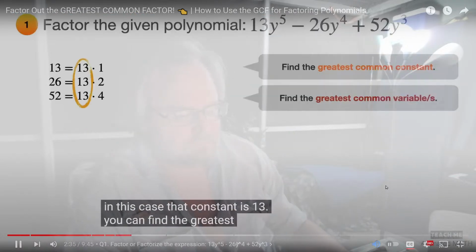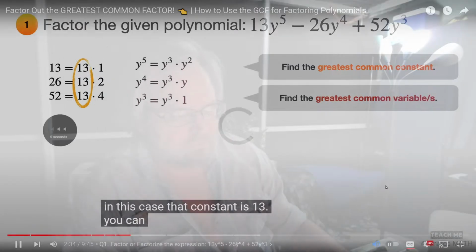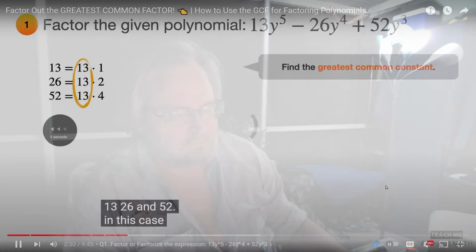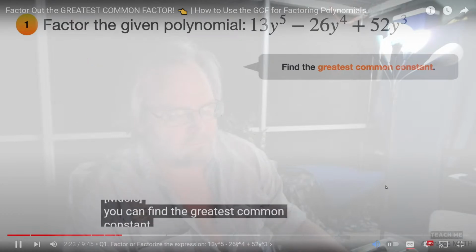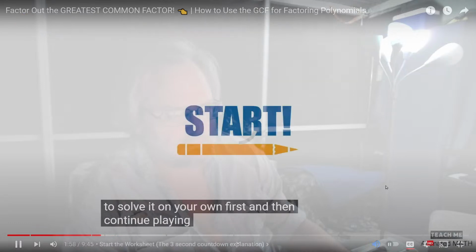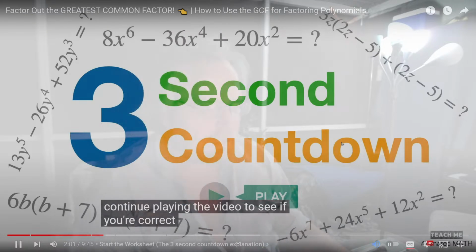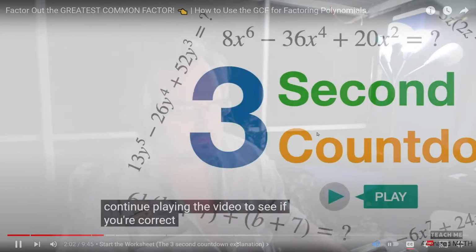In this find case, the that greatest constant is common 13. variable by fact. You can find the greatest common variable. Music. You can find the polynomial. You're correct. Solving Playing each the problem, you video can pause the to video see if you're correct. to solve it on your own first, and then continue playing the video to see if you're correct.